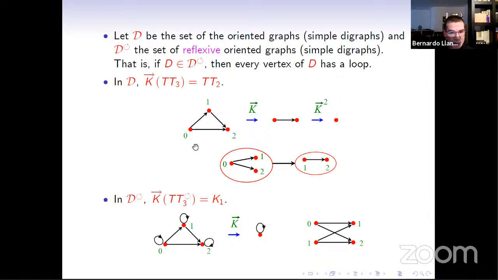Here is the example. This is the same example, but you put loops in. You can see that there is only one diclique in this case. The only ones that could be dicliques are maybe the loops, but you don't want loops to be dicliques.